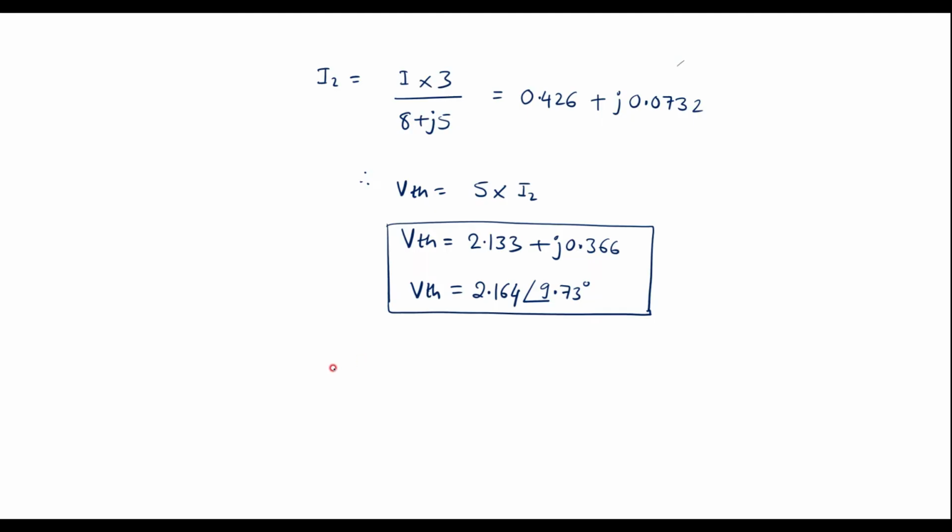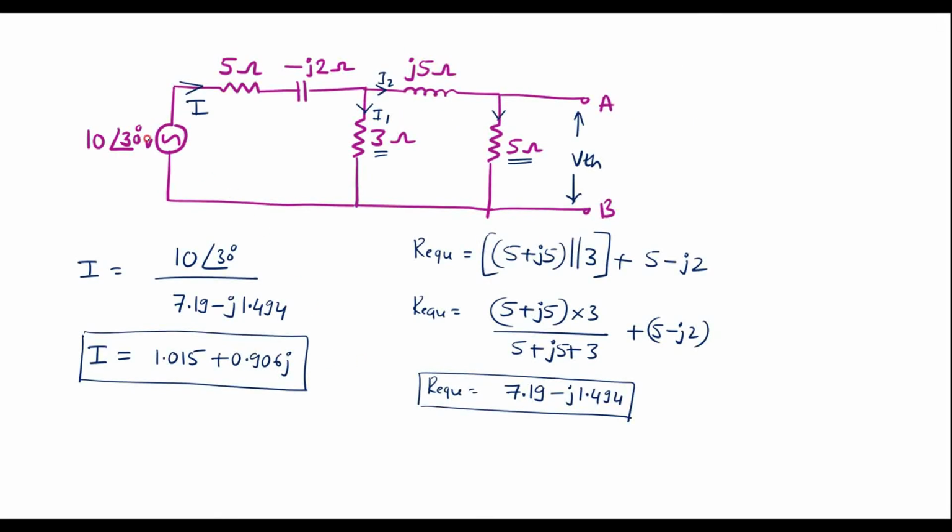So now to calculate RTH, the voltage source must be short circuited, and we have to find the equivalent resistance between terminal A and B, that is known as RTH.